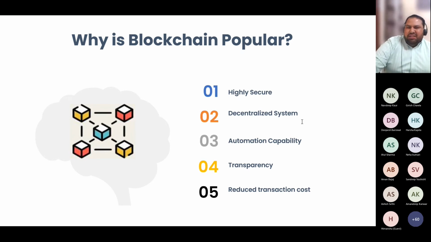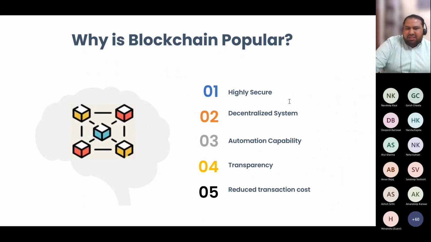As I mentioned earlier, the data that is transferred from one node to another node is transparent to each node, and that data is accessible only using hashing and digital signatures, which makes blockchain a secure technology.